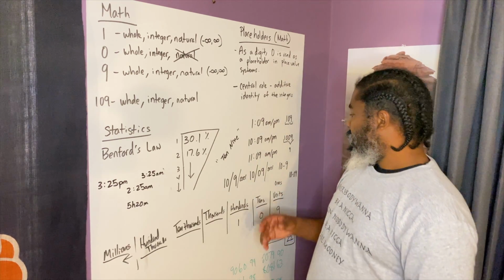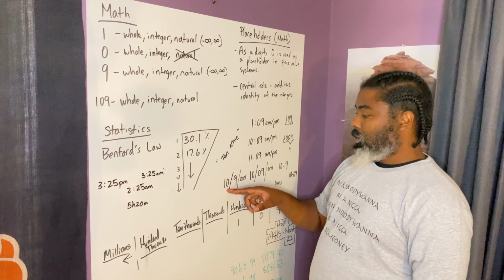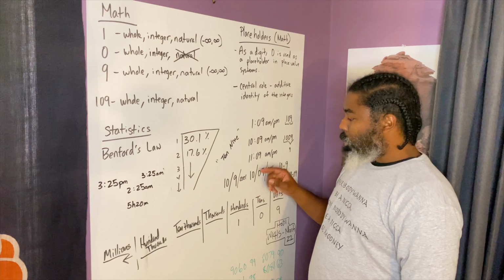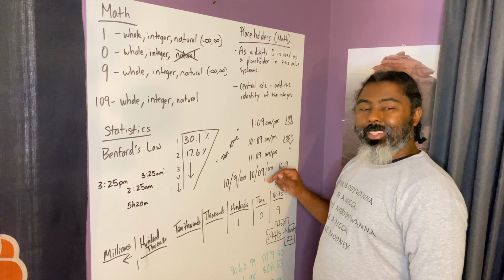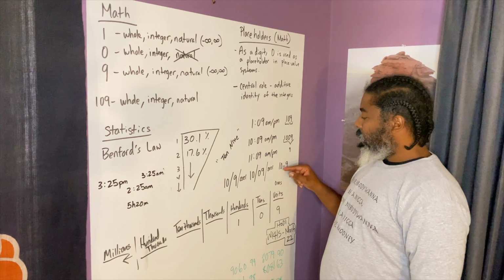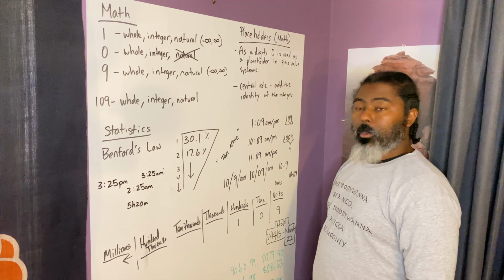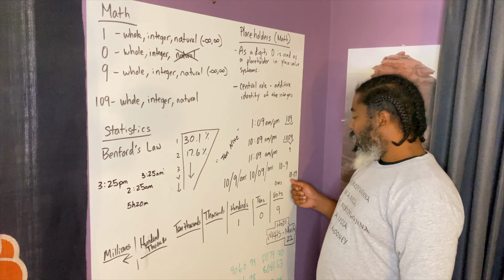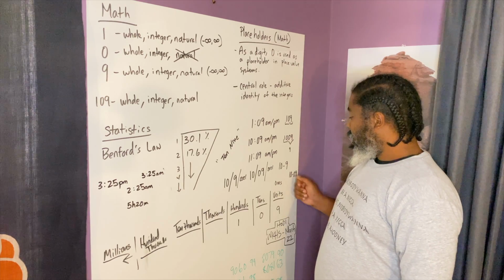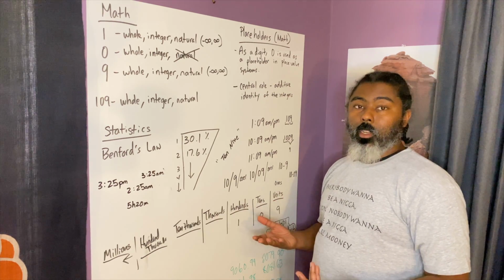When we write our dates, we might write, for instance, 10/9 to represent October 9th, or we may write 10/09, or we may even write 10-9, 10 representing the month of October, 9 representing the 9th day, or we may even write 10-09. So the second 0, or the 0 before the 9, is again a placeholder.